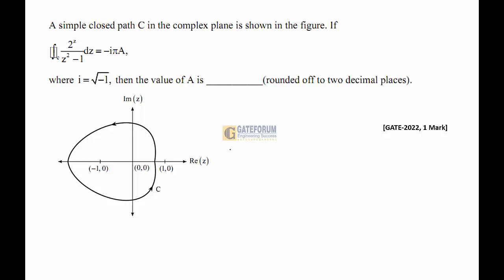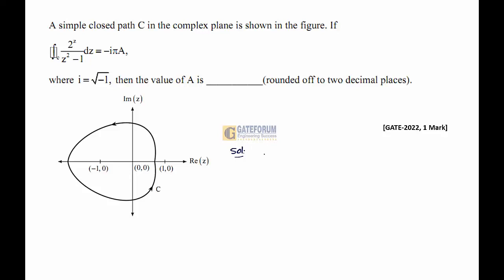So, solution. Clearly C is a closed curve traversed counterclockwise. This type of closed curve integration problem we can do by Cauchy's integral theorem, the Cauchy integral formula method, or the residue method, that is, Cauchy's residue theorem. For this, find the singular points.